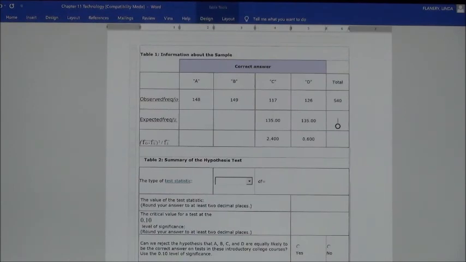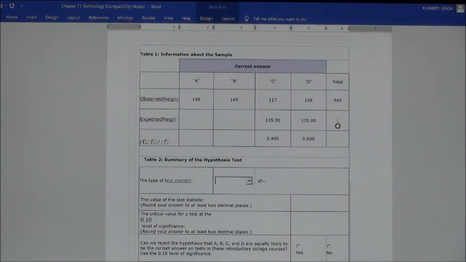In list 1, I am going to enter in 148, 149, 117, and 126. Those were the observed value from the test. My expected value, 25% of 540 for each of those, is going to be 135. So I'm going to enter in 135 for all 4 of those.